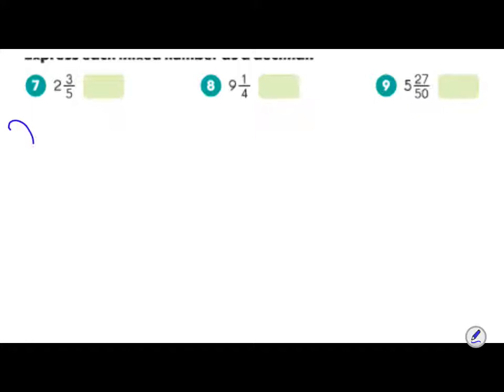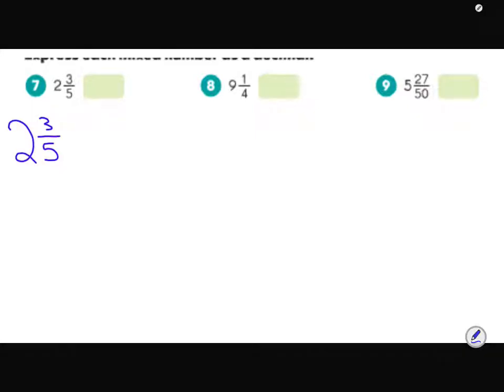Okay, if I have 2 3/5, that is a mixed number, but that does not matter or change anything. This just tells me that this is the whole, so I know that my answer is going to be 2 point something because I have 2 wholes and this is my ones place, and this is my fraction, so it's going to be in my decimal place.